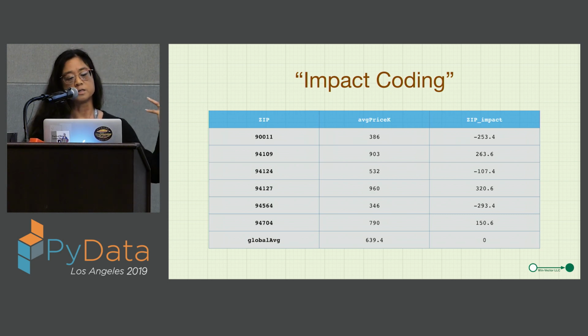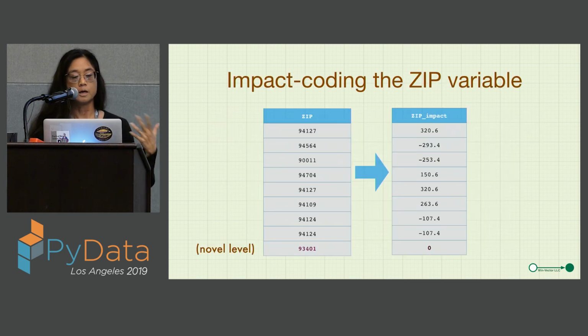And if the zip code has a positive impact variable value, then its houses have a higher sale price than average, so that zip code has a positive impact on home price. Then to impact code the zip variable, you just convert all the zip values using this lookup table to the appropriate value. And when you're doing this to future application data and you run into a zip code you've not seen before, you simply encode it to 0.